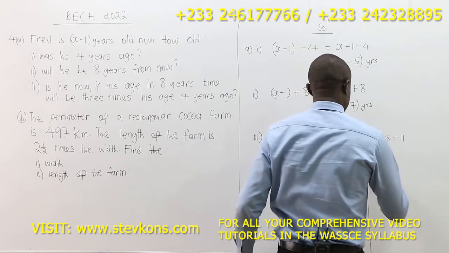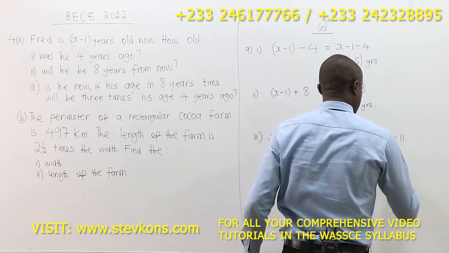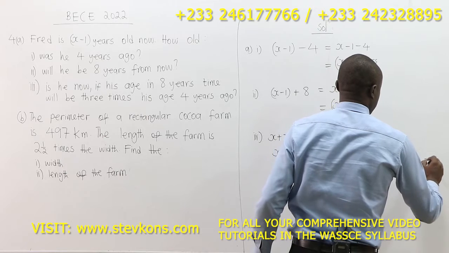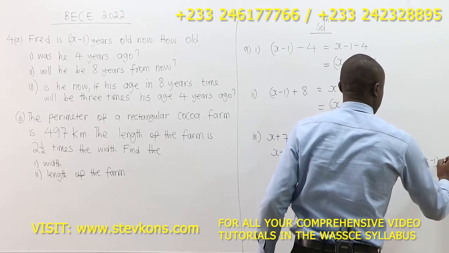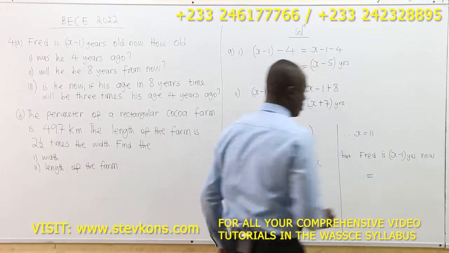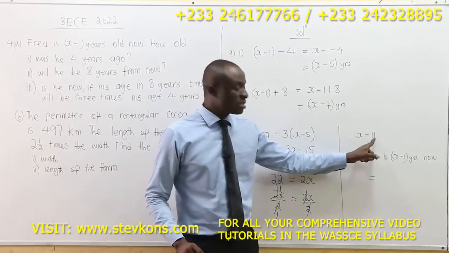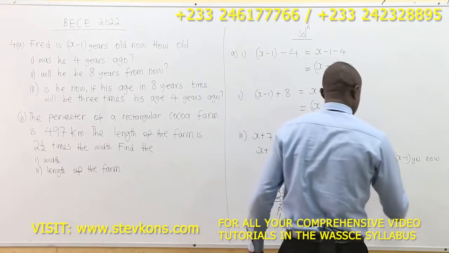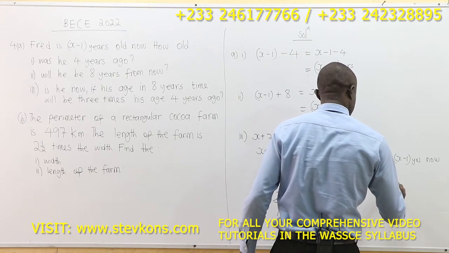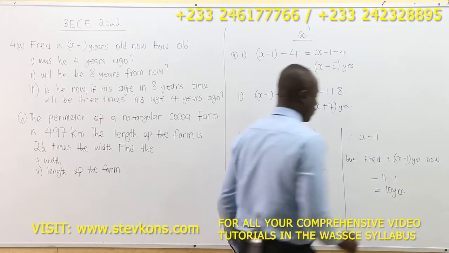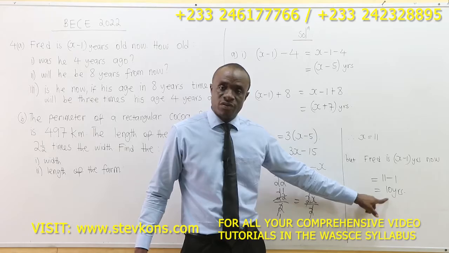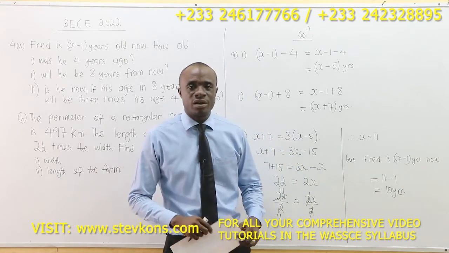And what is X? X is 11. So we have 11 minus 1, which is 10. So Fred is 10 years old now.